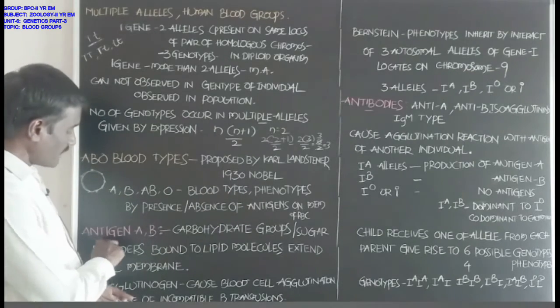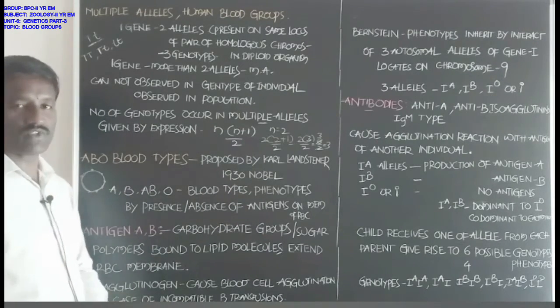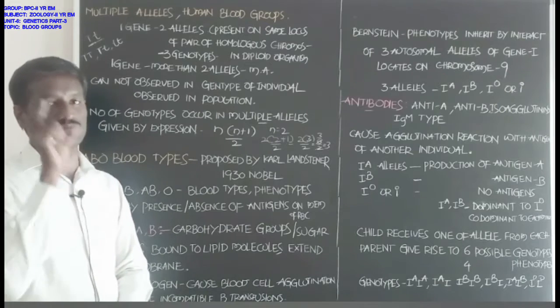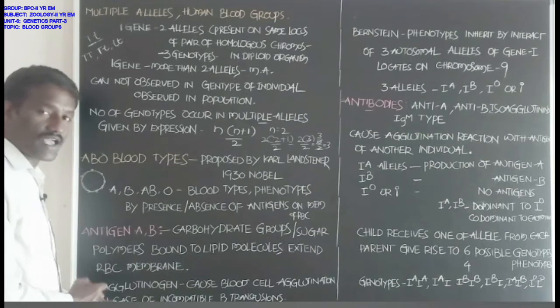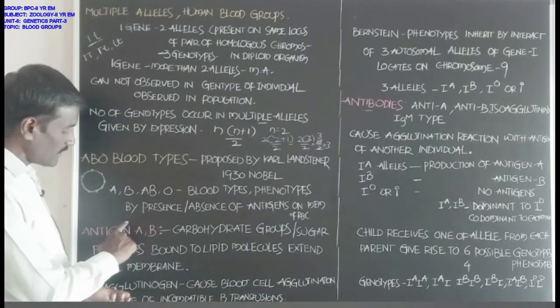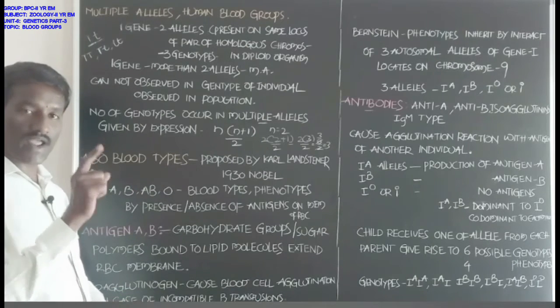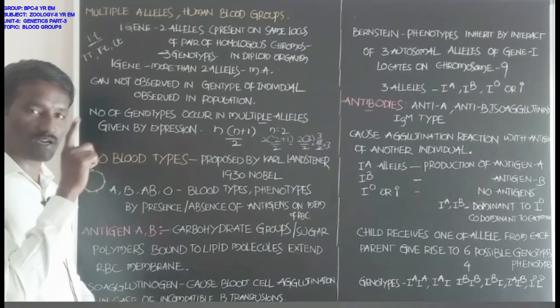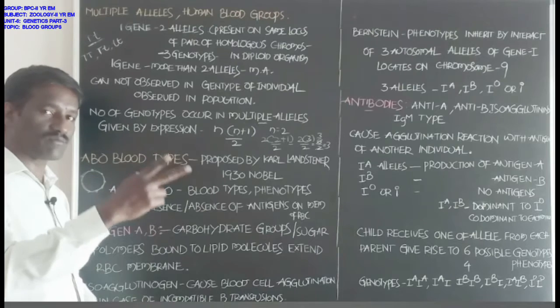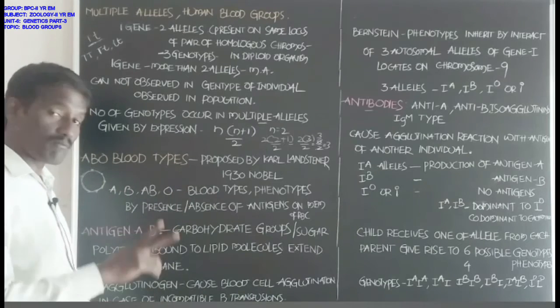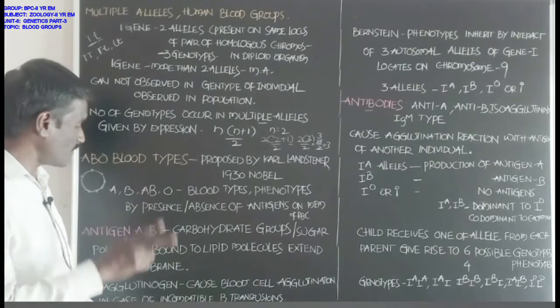Antigen A and antigen B: two types of antigens are present on the membrane of the red blood cell. Antigen A is one type, antigen B is another type, on the plasma membrane of RBC.